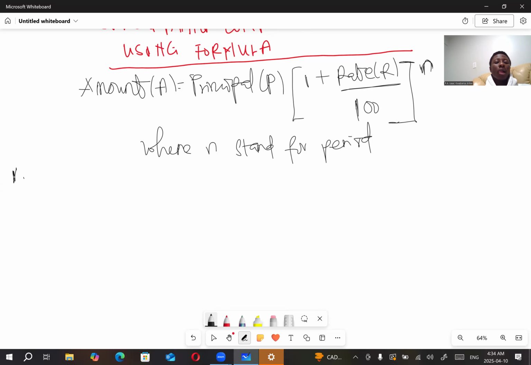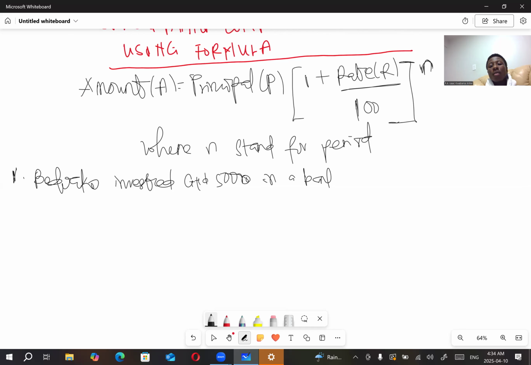I told you Bediako invested 5,000 Ghana cedis in a bank at a rate of... I've forgotten the rate.